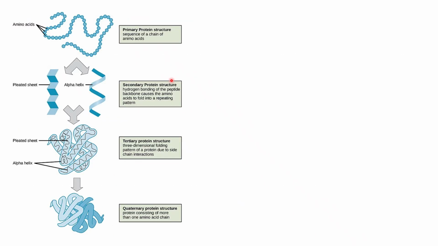So this is the slide which is describing the structure of the protein. Protein has primary, secondary, tertiary, and quaternary structure. Amyloid is a cross beta pleated structure.